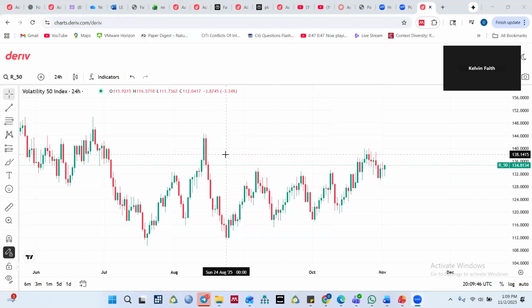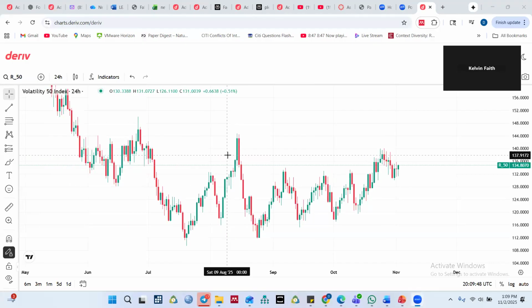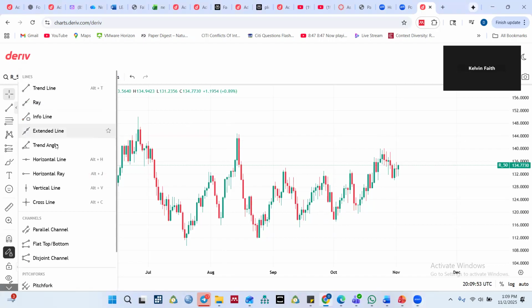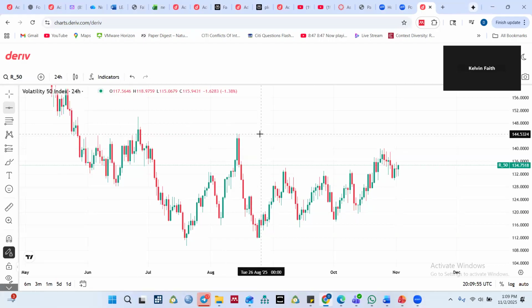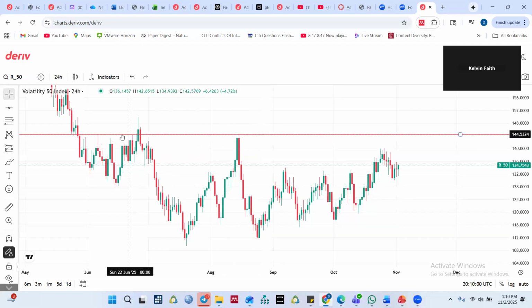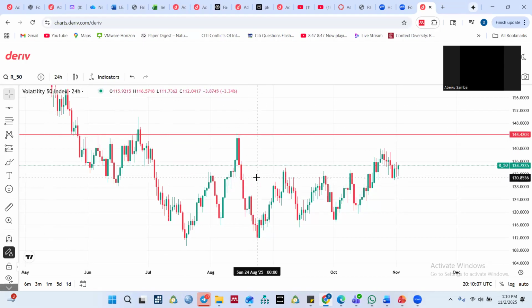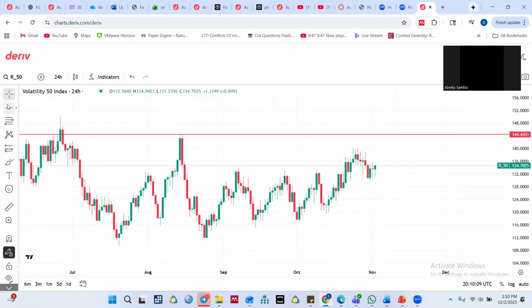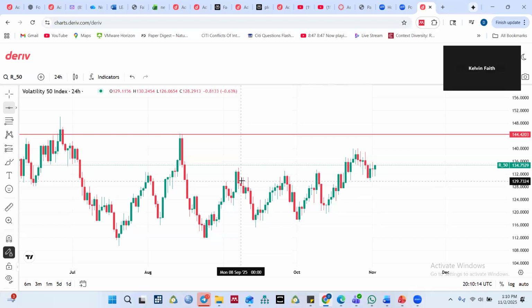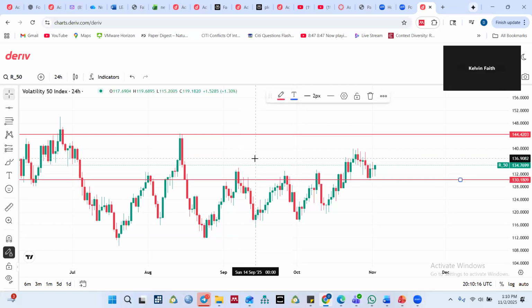So looking at the chart once more, we have this point up here from the daily time frame on, we have this point, and we have this internal area of resistance.